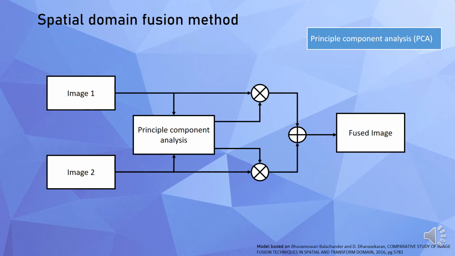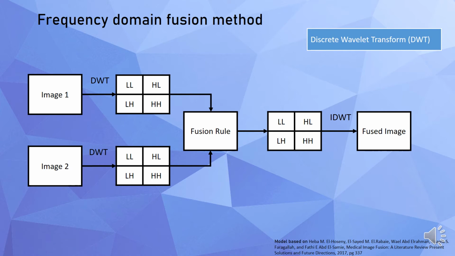I'm not going into the details of this. In the frequency domain, the images are transformed into the frequency domain using, for example, fast Fourier transform and other transforms. This diagram is for the wavelet transform, since we are going to use the wavelet transform in our work.